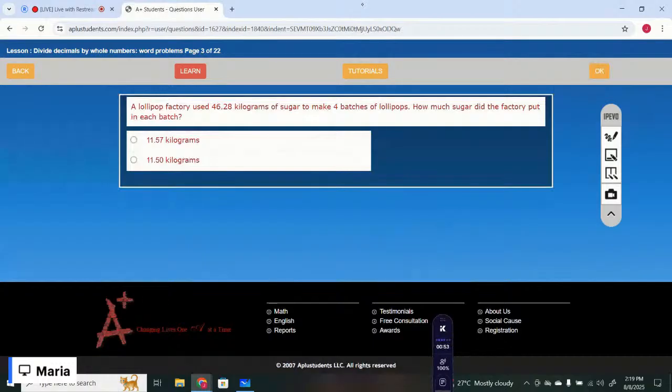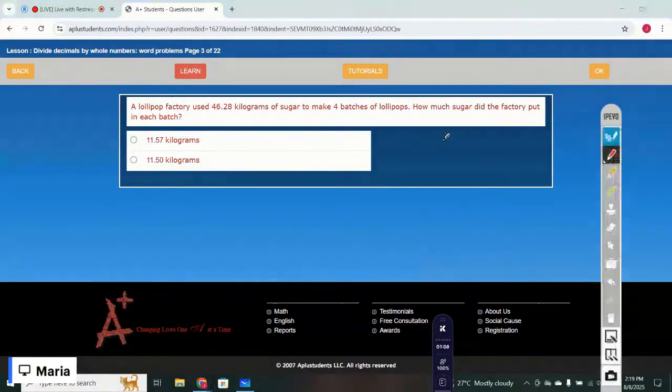A lollipop factory used 46.28 kilograms of sugar to make 4 batches of lollipops. How much sugar did the factory put in each batch? 46.28 divided by 4. 4 times 1 is 4.